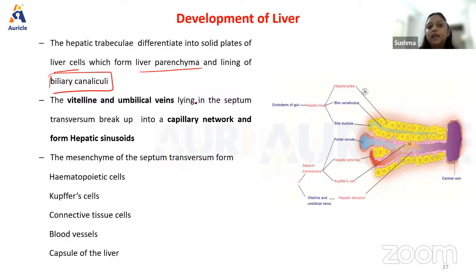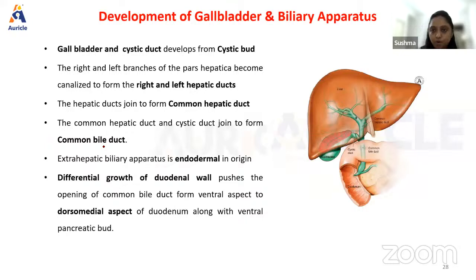Vitelline and umbilical veins lying in the septum transversum break up into a capillary network and form the hepatic sinusoids. Next, the mesenchyme of the septum transversum, that is lateral plate mesoderm, forms the hematopoietic cells, Kupffer cells, connective tissue cells, obviously blood vessels, and the capsule of the liver. Capsule of liver. This differentiation is important.